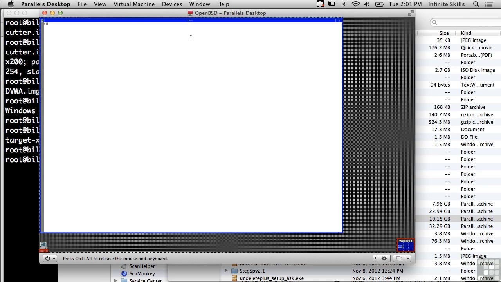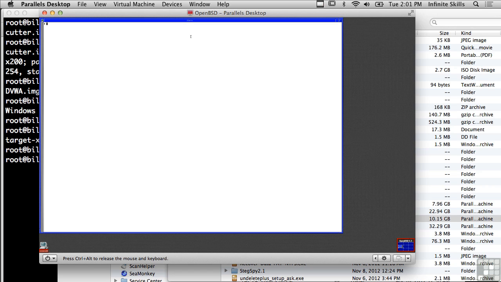Now, there's also NetBSD as well, and NetBSD, OpenBSD, and FreeBSD all share a common heritage. So from an operating system perspective and the way the file system is and all of the services that are running, they're going to look very similar. But of course, the philosophies are very different.